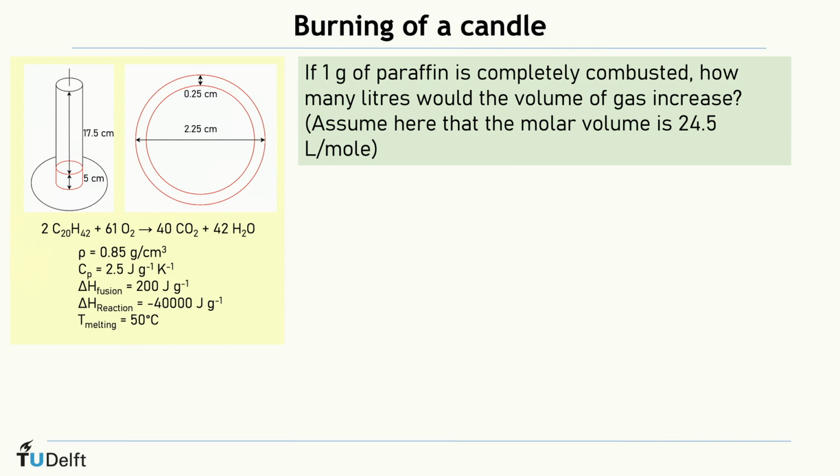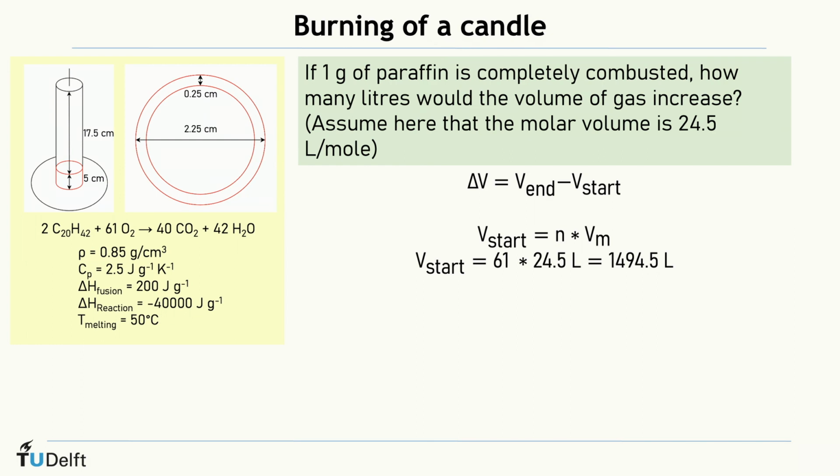If 1 gram of paraffin is completely combusted, how many liters would the volume of gas increase? We have to find the volume change, which can be determined by subtracting the volume at the start from the volume at the end. The volume at the start can be calculated by multiplying the number of moles by the molar volume. The molar volume is 24.5 liters, and the amount of moles you can find from the reaction equation is 61.